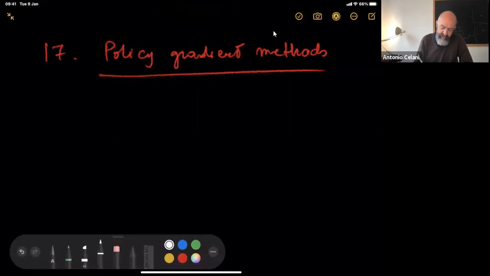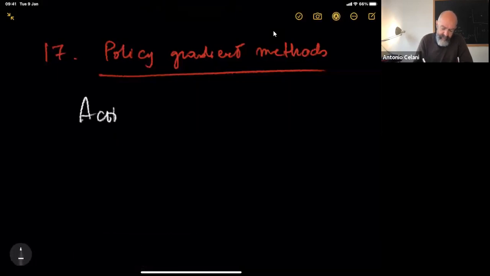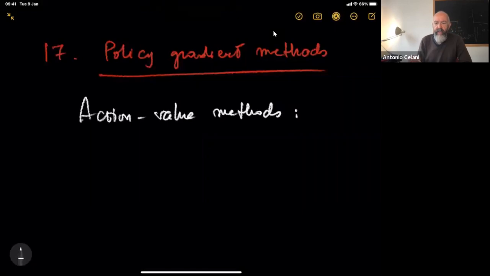Action value methods are methods which are essentially based on the knowledge of the value function, or the state action value function, Q. In short, everything is centered around some possibly approximated form of your Q function.